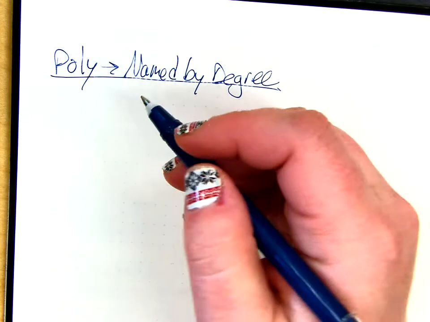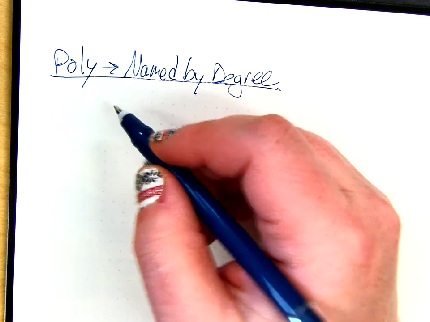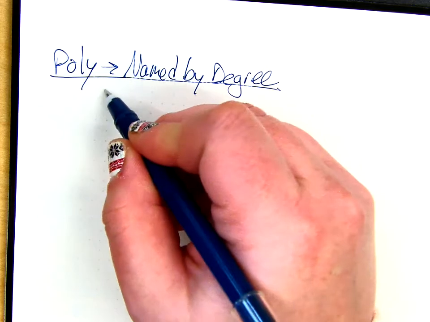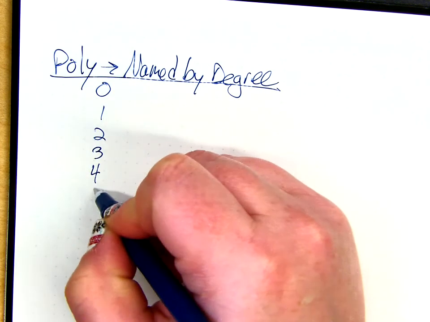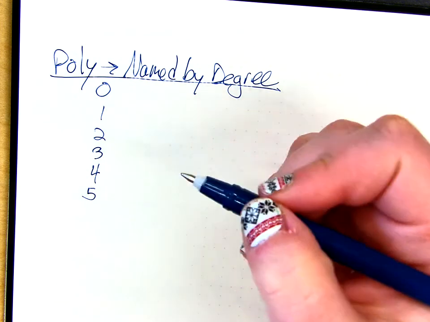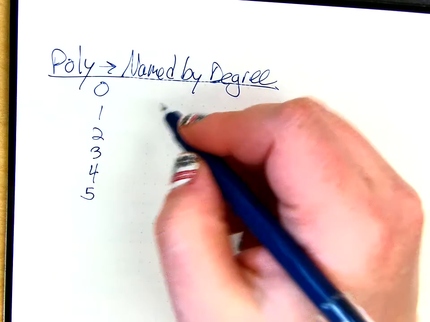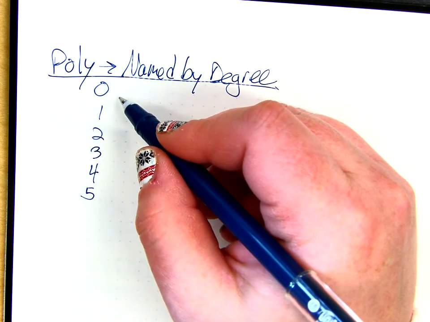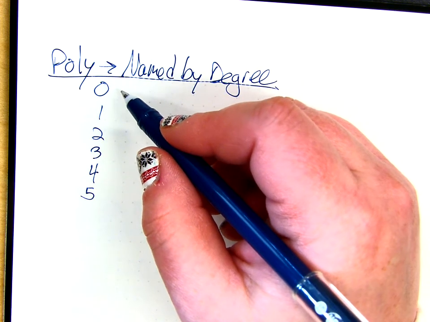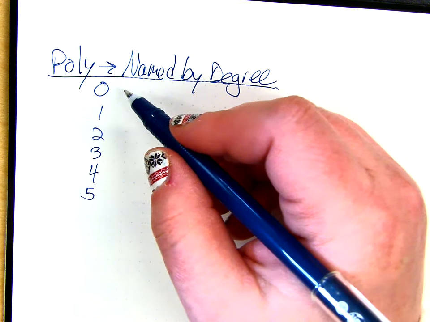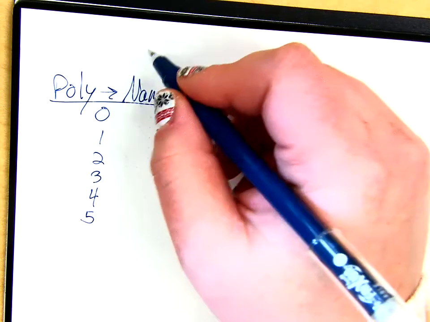So we can name polynomials by degree. The smallest degree you can have is actually 0. And you got 1, 2, 3, 4. I think we went all the way up to 5. So if a polynomial has degree 0, which basically, guys, remember, if a variable has an exponent of 0, so let's just do an example.